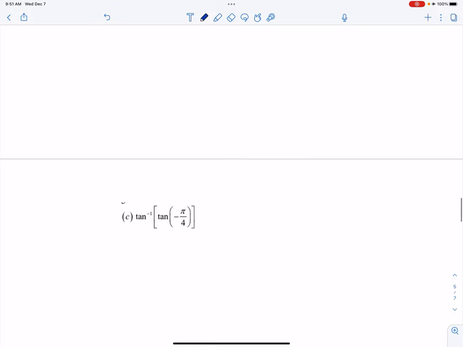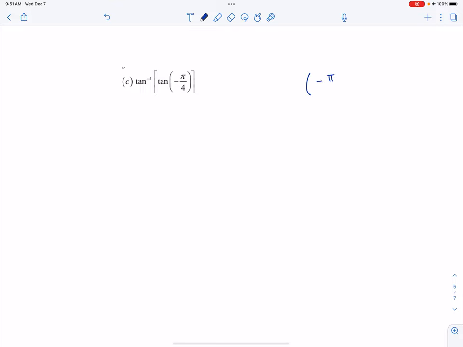Okay, let's do another one. Tangent inverse of tangent of negative pi over 4. What's our interval? Negative pi over 2 to pi over 2. Negative pi over 4 is in our interval, so we don't have to change it.